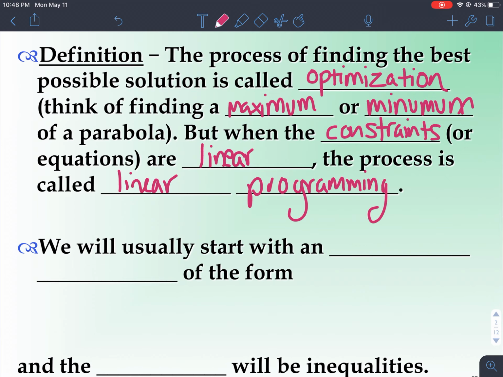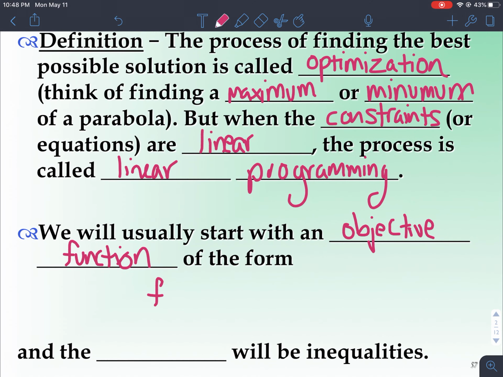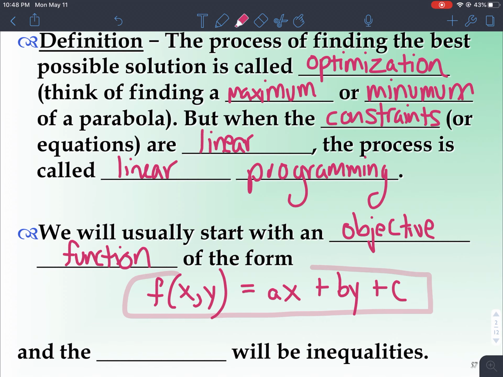We will usually start with an objective function. And that is going to be of the form f of x comma y. So this is going to be a function in two variables equals ax plus by plus c. There's a couple things we want to note here.